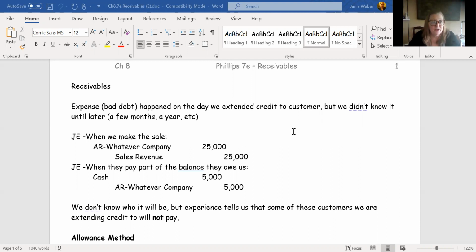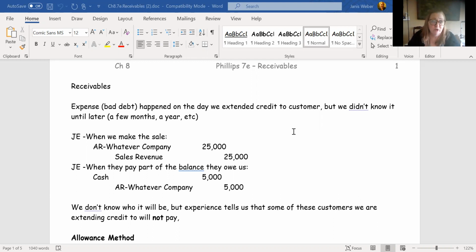And so what you do is you estimate what might be the default rate, basically. And so when you look at your history, you kind of can get an idea what percentage of your customers won't pay their balance. You can use that as your bad debt percentage, or you can just look at all the accounts and see how old they are and measure those old accounts as not as collectible as the fresher ones.